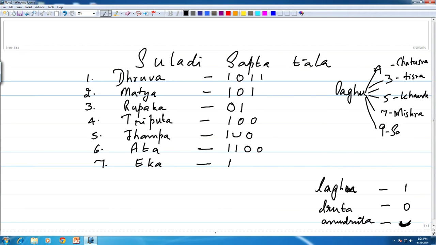This is called Sankirna Jati. Now this concept of 5 jatis is commonly used in all performing arts, whether it is music or dance or percussion. These 5 jatis: Chatushra, Tishra, Khanda, Mishra, Sankirna.